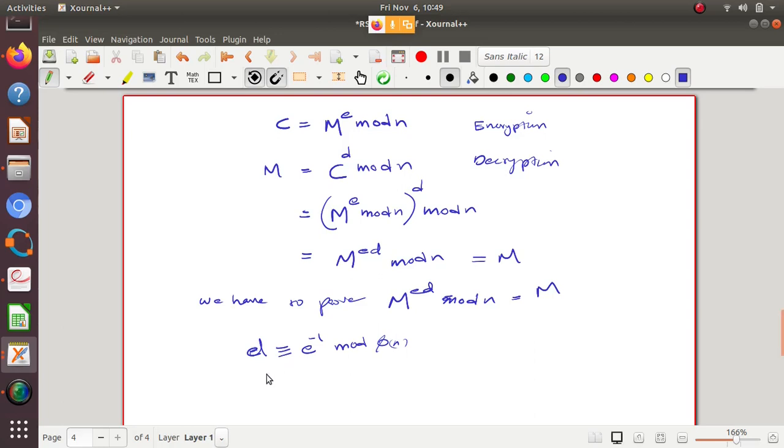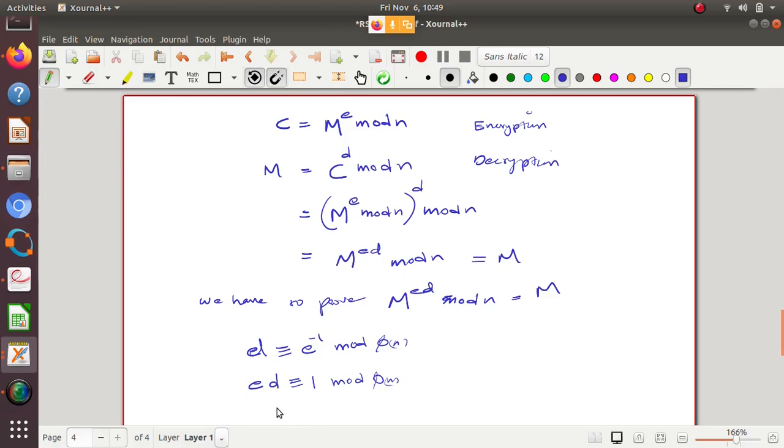That means e into d is congruent to 1 mod phi of n. Congruent means if we multiply e and d under mod phi of n, the result will be 1.